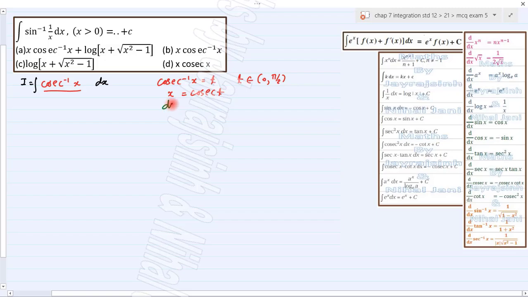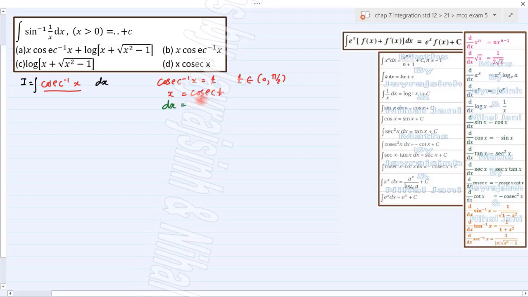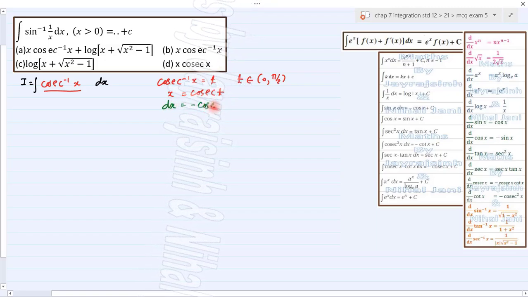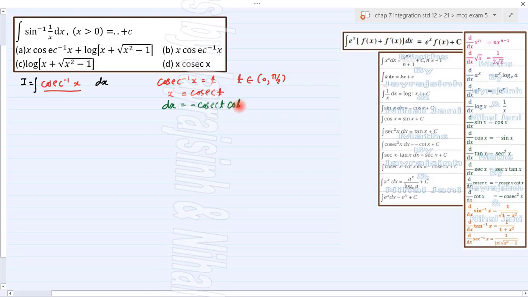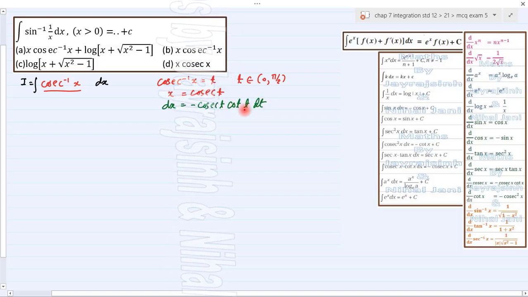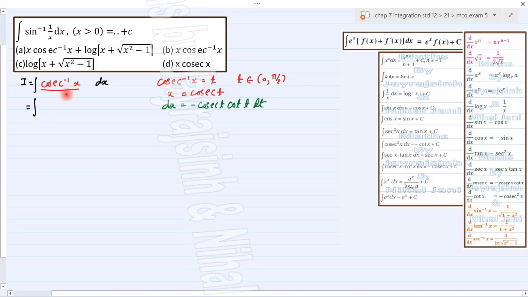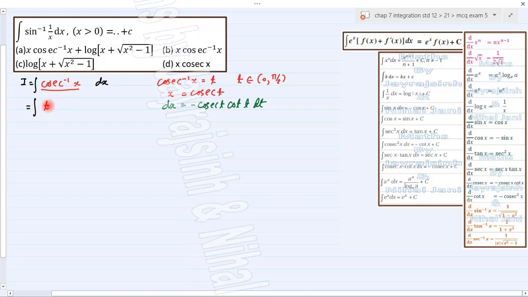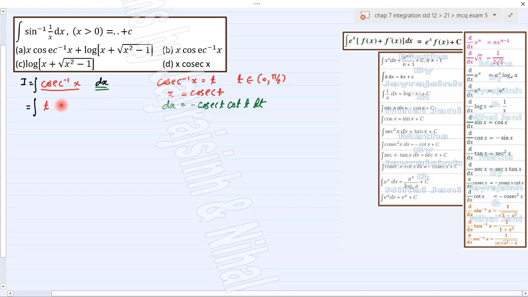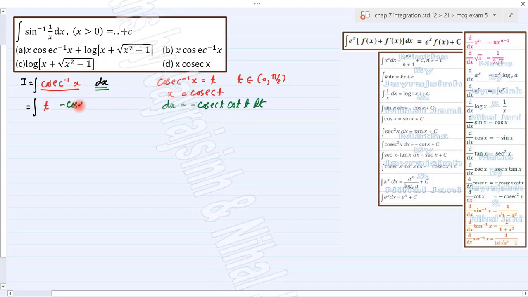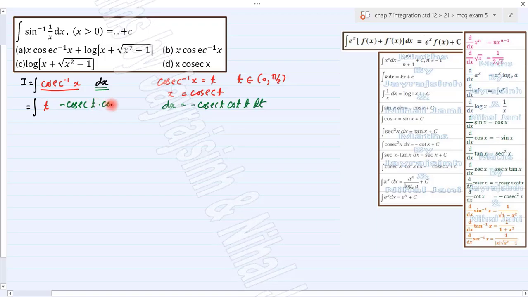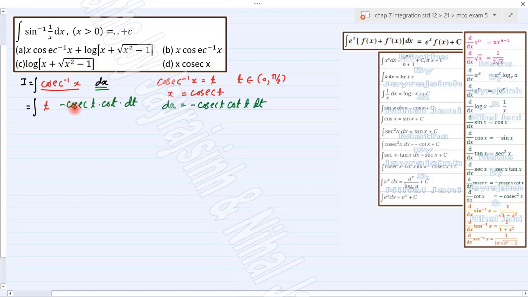If we differentiate both the sides, we will get dx is equal to minus cosec t cot t dot dt. So we can modify our integration as this cosec inverse x will become your t, and your dx will become minus cosec t into cot t dot dt.